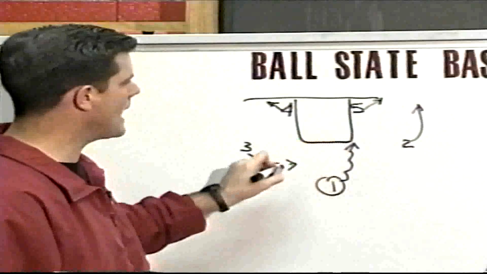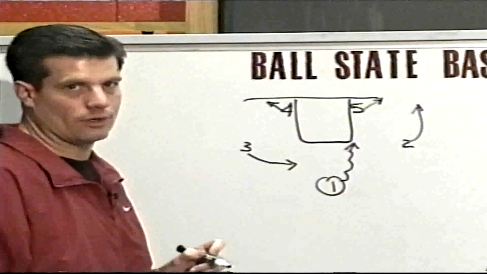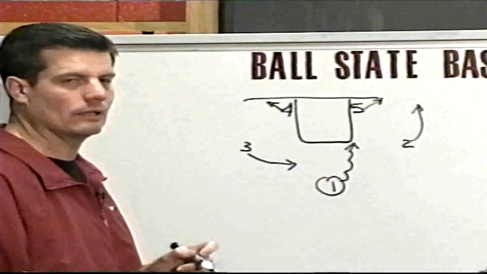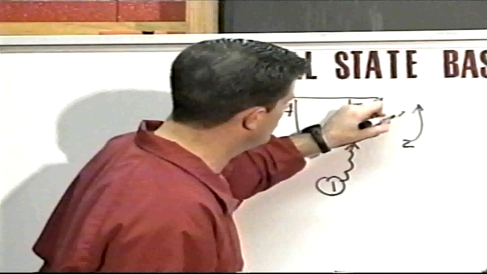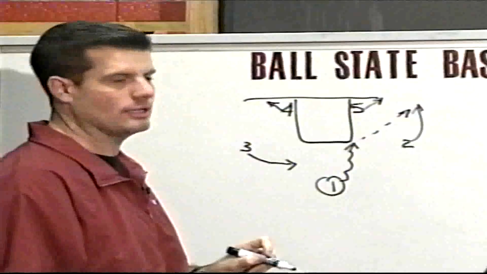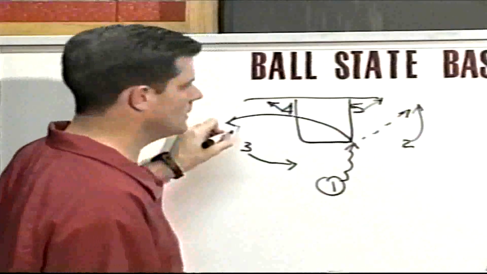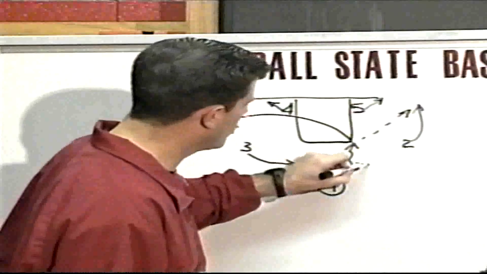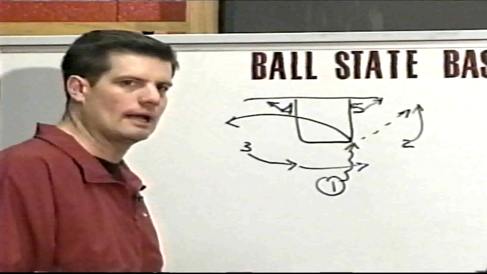And he can come back here for the kick, or he can rotate to the corner. But he must get in the vision of the ball handler. That's his job. If 1 were to kick it to 2, in moving on that penetration, then it is 1's job to clear out and come to this side, and then 3 rotates to the top, allowing us to still be in a 3-out, 2-in alignment.